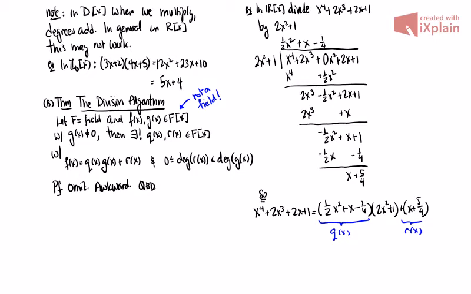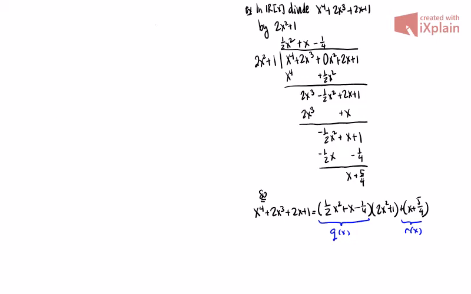So now what I'm going to do is the exact same calculation, but starting in a different field. So we'll do an example in Z3[x]. We'll divide, same thing, x to the fourth plus 2x cubed plus 2x plus 1 by 2x squared plus 1.